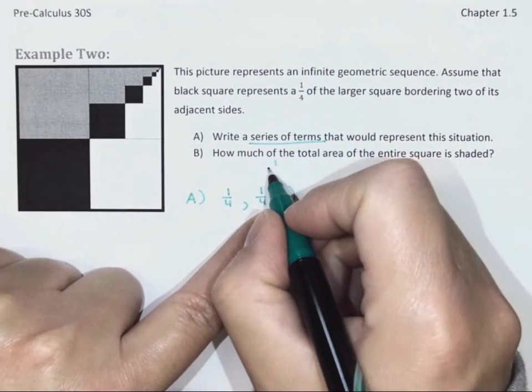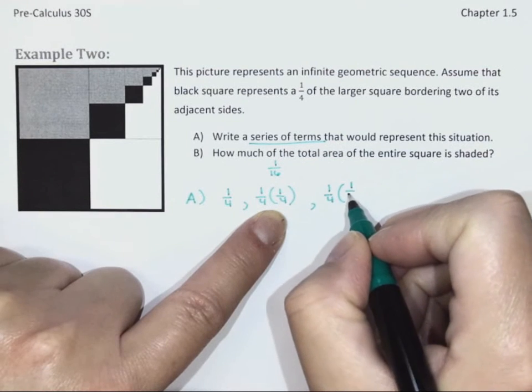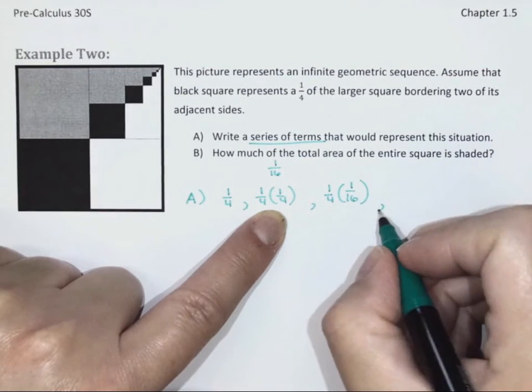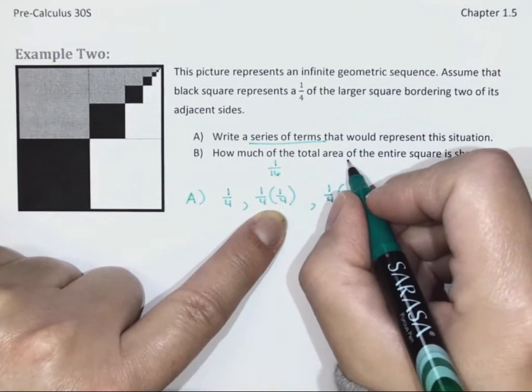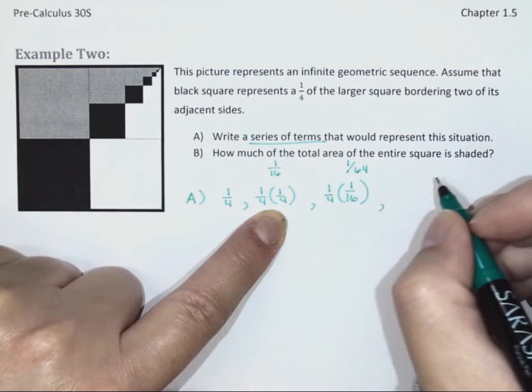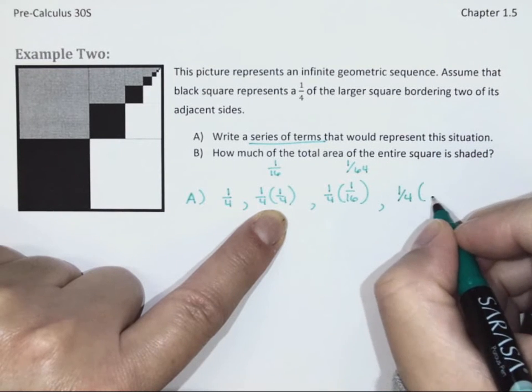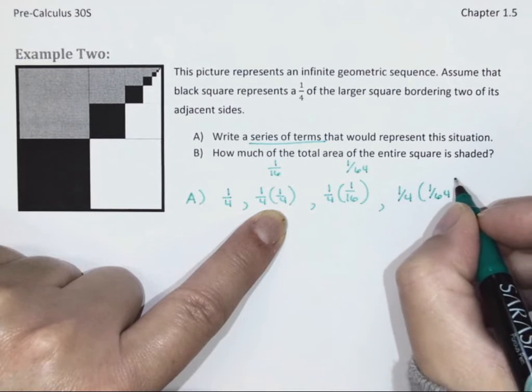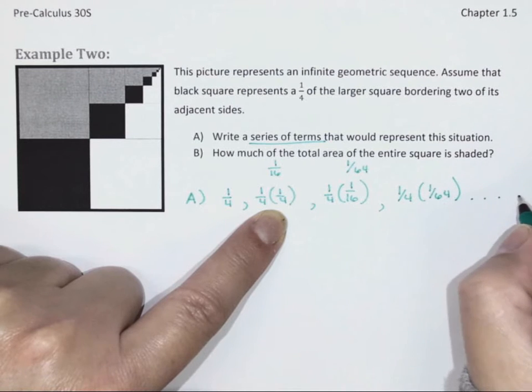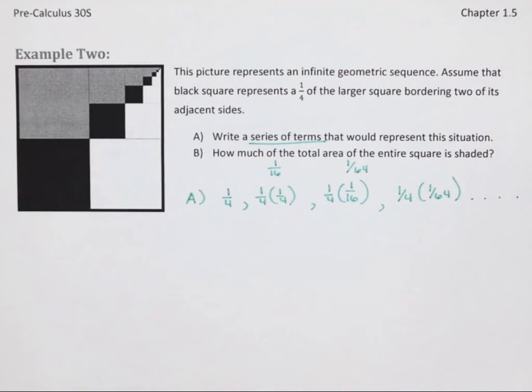And if you do that math, that's 1/16. So that's 1/16 here. And if we did that math, that would be 1/64th. And that would be a quarter of 1/64th. And so on and so on and so on. So you're always taking a quarter of the number before. All right. How much of the total area of the entire square is shaded?